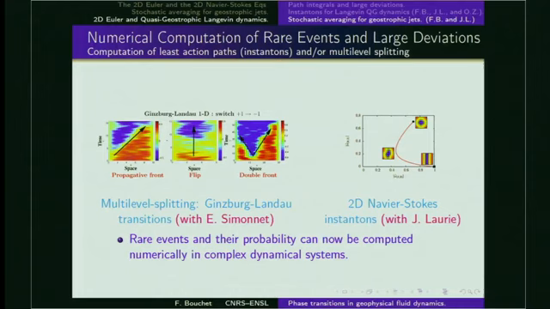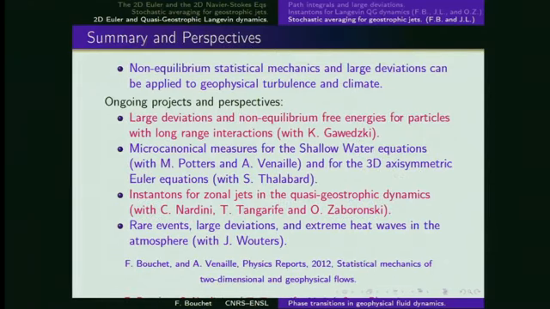And this is, for instance, an example for the Ginzburg-Landau transition, for which we show that using this algorithm we are able to find the most probable transition from one state to the other, which actually corresponds to instanton in this case. So I will stop now.